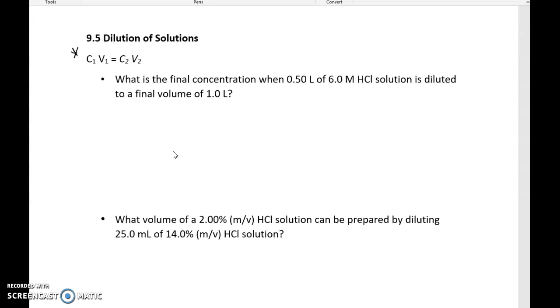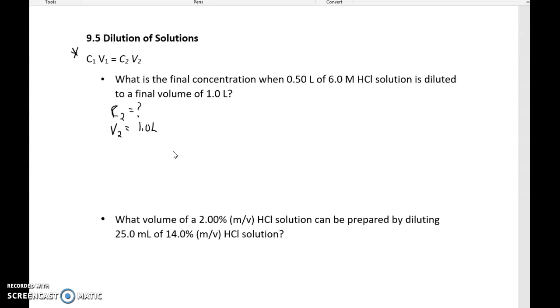What is the final concentration? So we don't know the final concentration. C2 is unknown. When half a liter of 6 molar hydrochloric acid solution is diluted to a final volume of 1 liter. So the final volume is 1 liter.